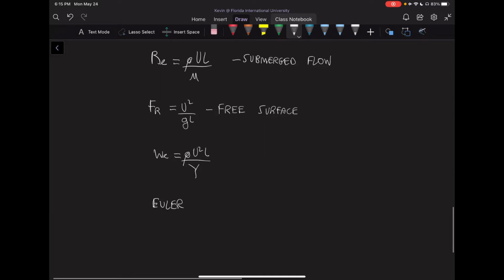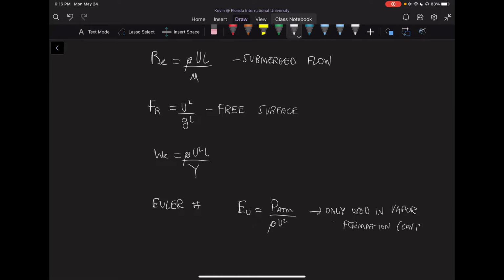Euler number is EU and is equal to pressure over rho U squared, but it's only used in vapor formation flow. We're not really going to be looking at vapor formation in this class, so it is rarely used. This is also called cavitation if you want to look more about it.